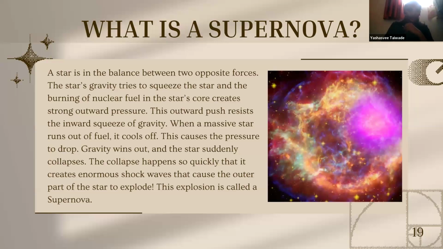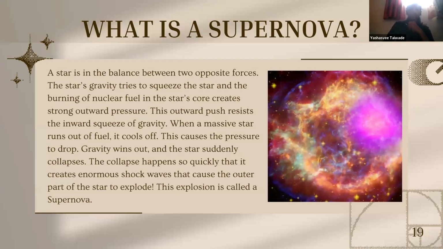Mostly these two forces are in equilibrium. But as the star's size increases, this outward pressure is in general more. As the life of the star is ending, this pressure increases. This outward push resists the inward squeeze of gravity. But when a massive star runs out of fuel, it cools off.